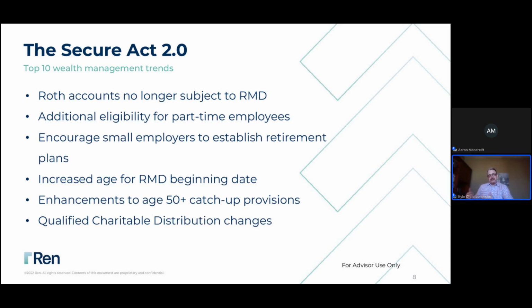Well, instead of taking that RMD, now they can distribute up to $100,000 to their favorite charity. It doesn't get a charitable deduction, but it also is not going to be taxed to them, and it goes towards that RMD requirement. So this is a significant win for individuals.